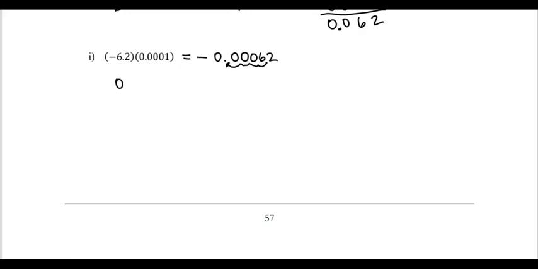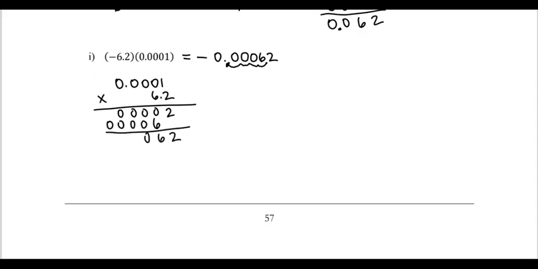Okay, let's go ahead and multiply, 0.0001 times 6.2: 2, and then 4 zeros in front, 6 and 4 zeros in front. Let me get rid of this 0 because that looks too much like 6. So 2, 6, 0, 0, 0, 0.